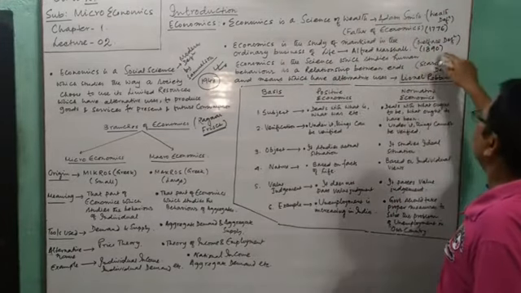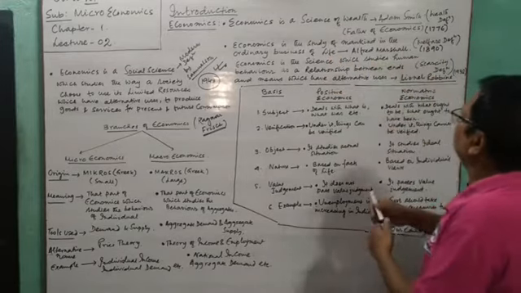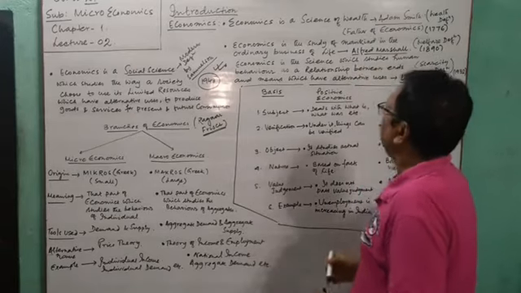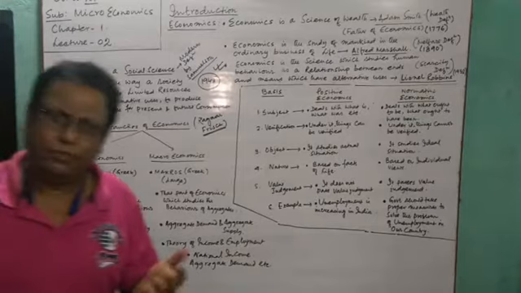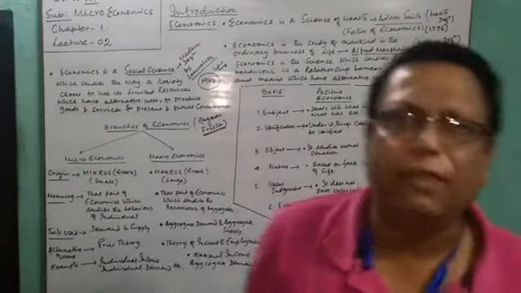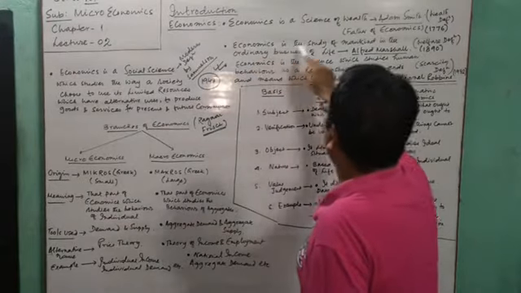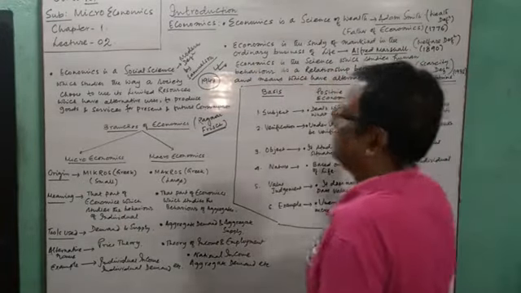In 1890, Alfred Marshall, another world famous economist, gave the second definition of economics, which is known as the welfare definition. And it goes like this: economics is a study of mankind in the ordinary business of life.